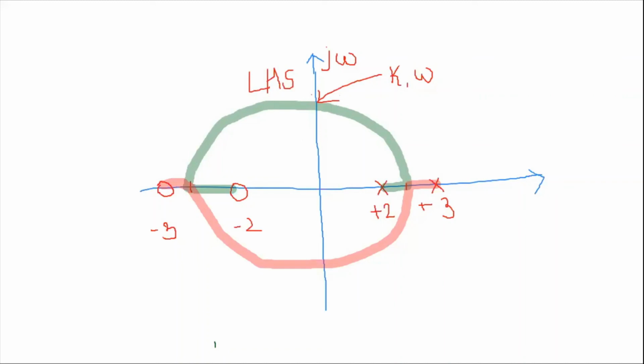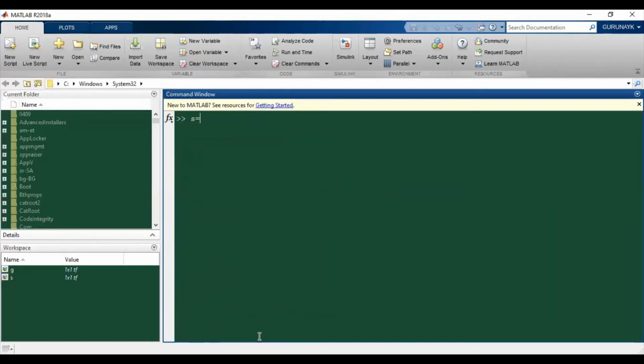Fine. So I'll show that on the MATLAB now. So we have s equal to tf of s. G equals to s minus 1, s plus 2 star s plus 3 divided by s minus 2 star s minus 3.